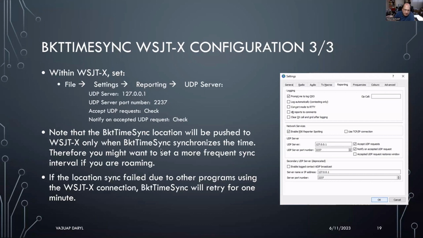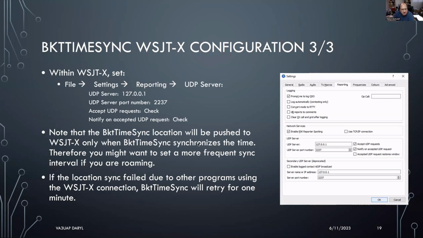These syncs are only going to be pushed from BKT time sync to WSJT-X when the time synchronizes. Remember I talked about the 60 minutes back in BKT time sync, check time every 60 minutes.